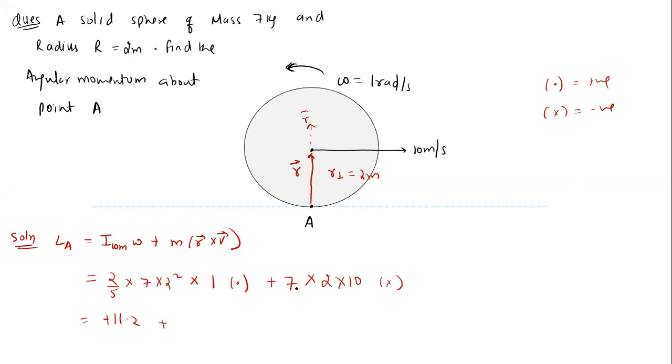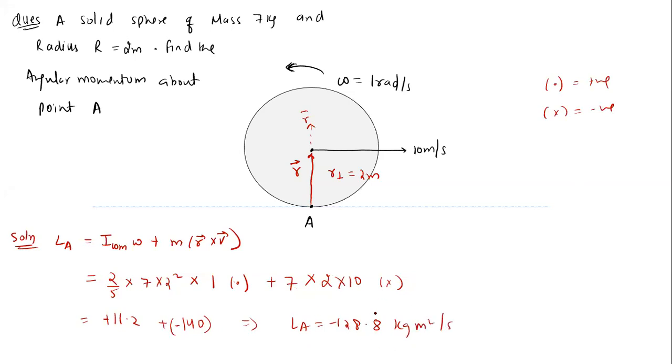Plus 7 into 2, 14 into 10, 140, negative because cross is taken as negative. So the answer will be minus 140 plus 11.2, minus 128.8 kilogram meter square per second.